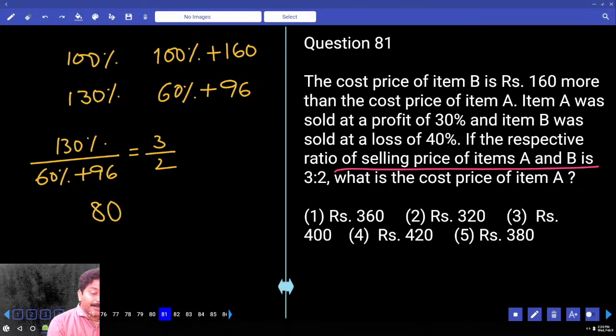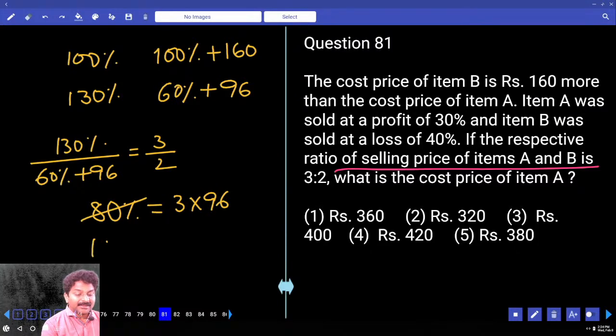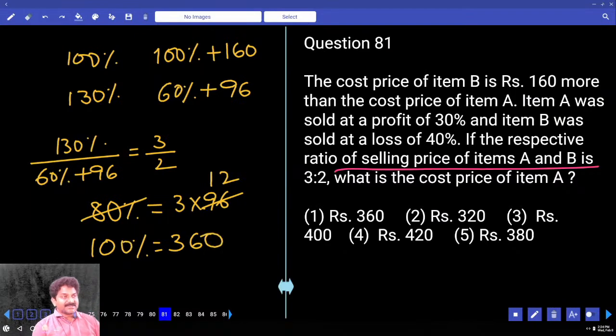Difference 80% is equal to 3 times 96. Correct? Cancellation with 8, 10%, 8, 12 times, that is 36. Then 100%, 360.